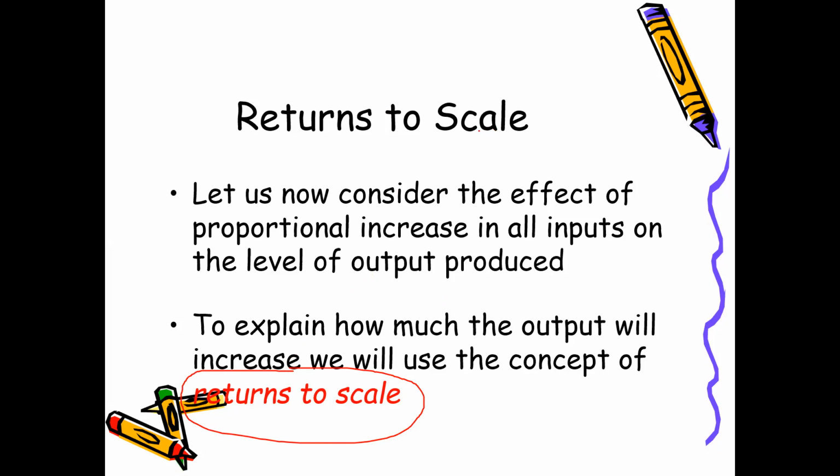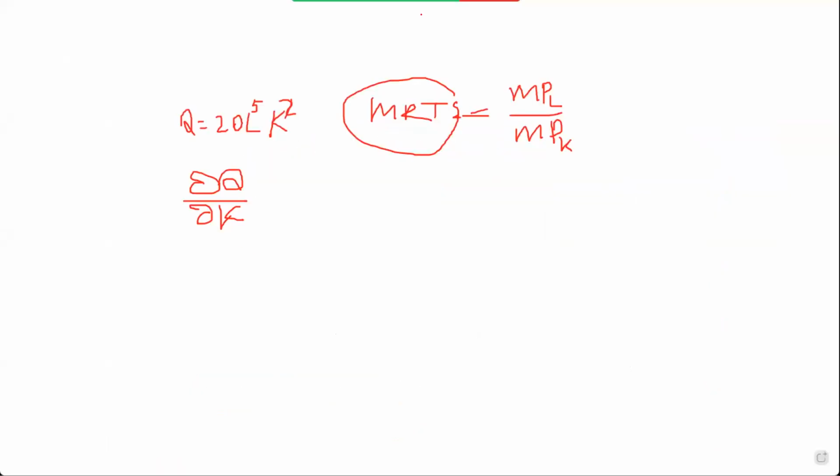Long run means increasing the size of the firm. Increase the size of the firm. Long run means. How do you do that? Let's say the micro firm, micro level, small level, the medium, large, like that.